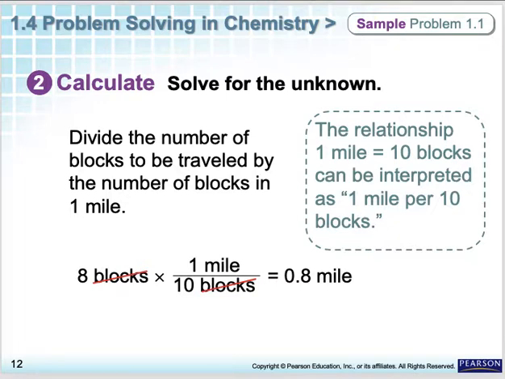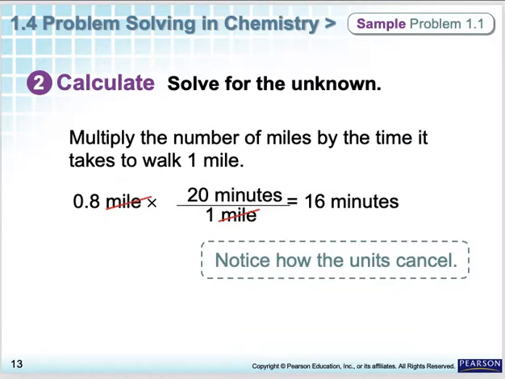And I would not do this in individual steps. I would do this all in one step, but we're going to go ahead with it the way they've written it here. And then after we have that we're going to go 8/10 of a mile, we know that 1 mile is 20 minutes. So we have the miles canceling out. So 0.8 times 20 gives us 16 minutes. And make sure your units cancel or you've done something wrong.